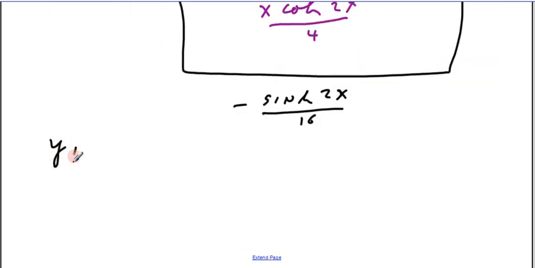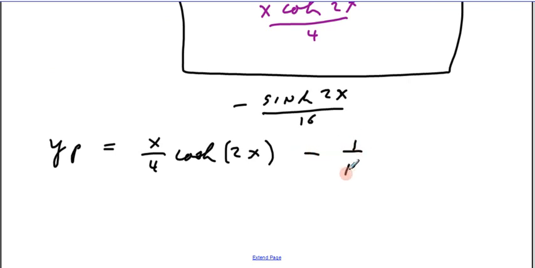So y sub p is going to be x over 4 hyperbolic cosine of 2x minus 1 over 16 hyperbolic sine 2x. Okay, that's wonderful.